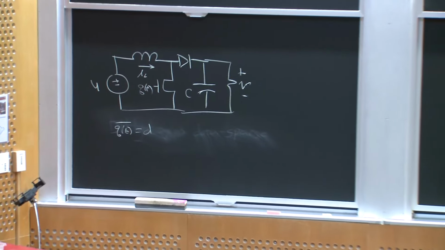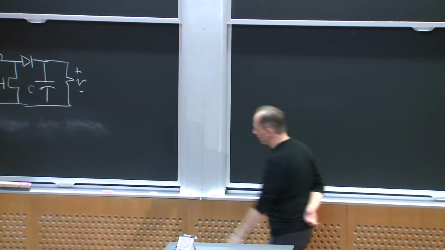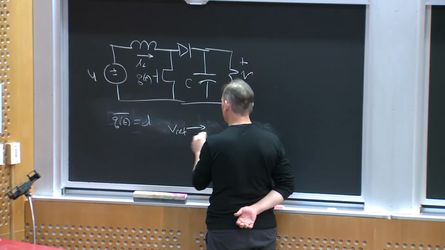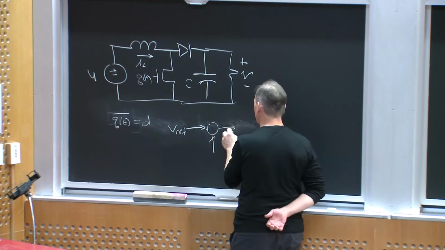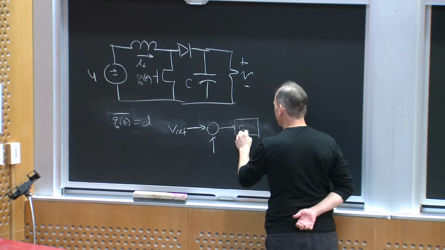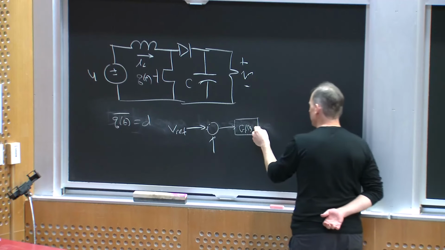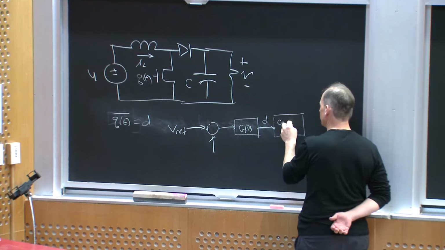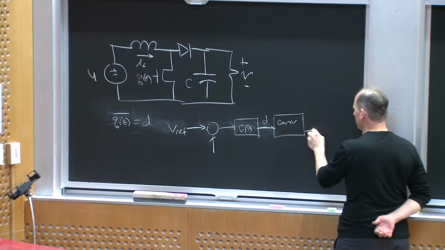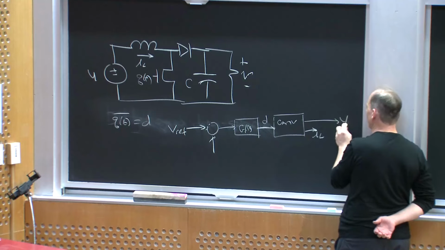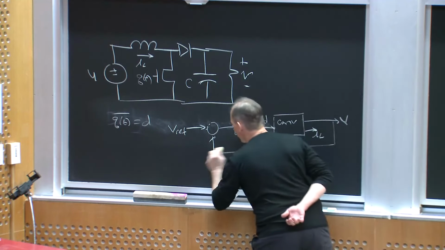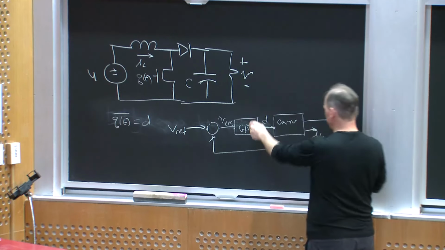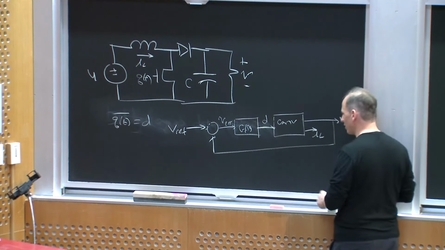linearized average models for this thing, with the notion that if I had some reference voltage, and I compare it to the output voltage, and I went into a compensator Gc(s), and I used that to generate the duty ratio, and then I had my converter, which might have some IL and some Vout, and I then compare that output to my reference, I get an error voltage, and then I use that error voltage to generate the duty ratio I want, and I stick that into my converter.